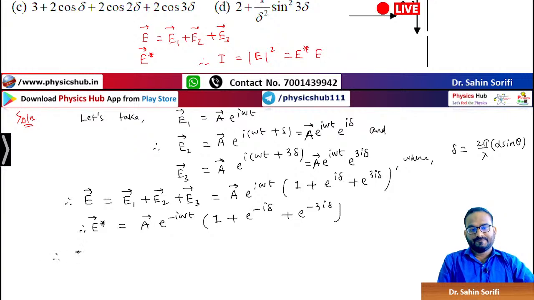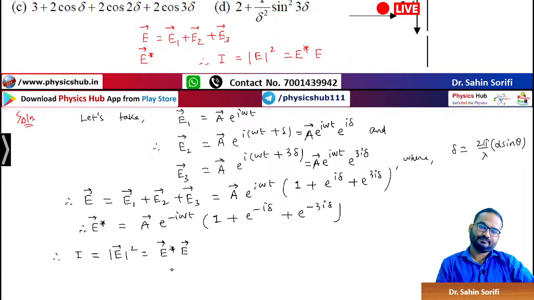And that is why the intensity I, which is mod E square, E star E, is equal to A square e to the power i omega t cancelled.